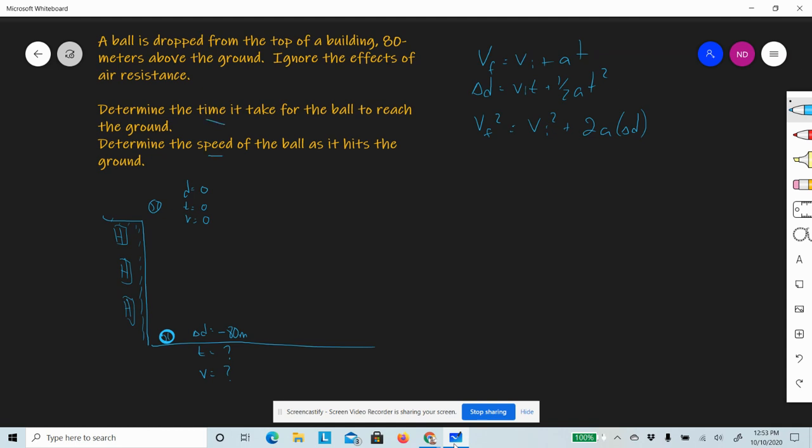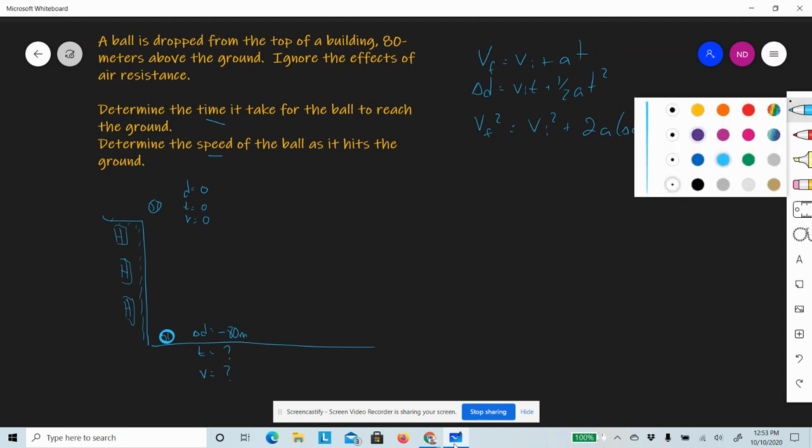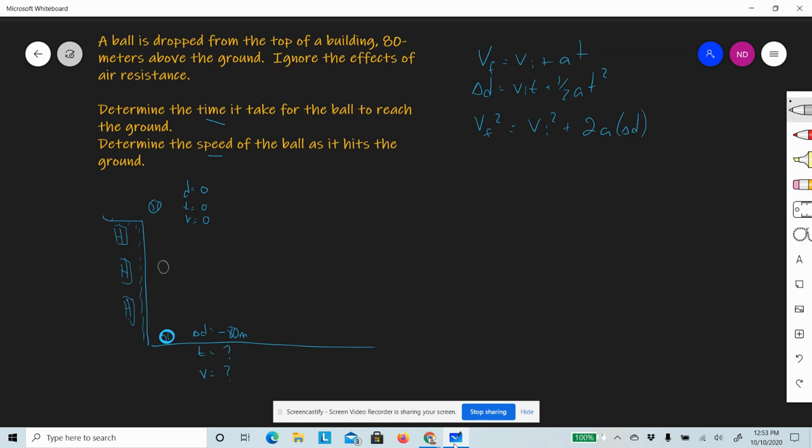But we do know something. While this thing is falling in the air, at some point the ball will be here. If we were to draw a free body diagram on it, the only force acting on it is weight. There may be some frictional force, air resistance, but they say ignore air resistance.